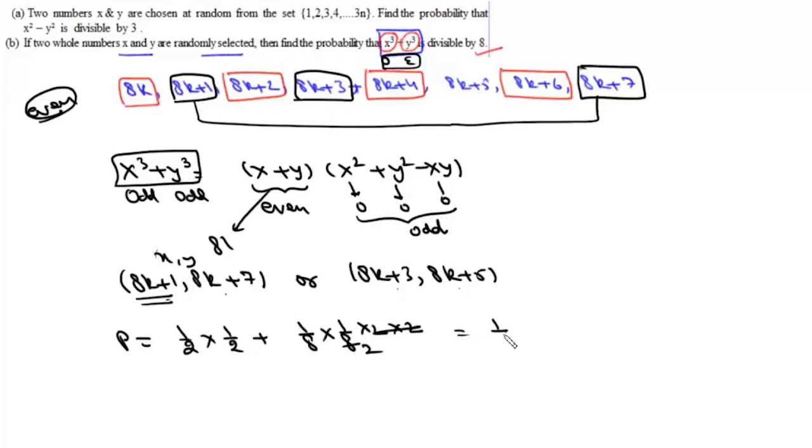So this probability is simply 1 by 4 plus 1 by 16, which is 5 by 16. So if two numbers are randomly selected, then the probability that the sum of their cubes is divisible by 8 is 5 by 16, and that is the answer to this question.